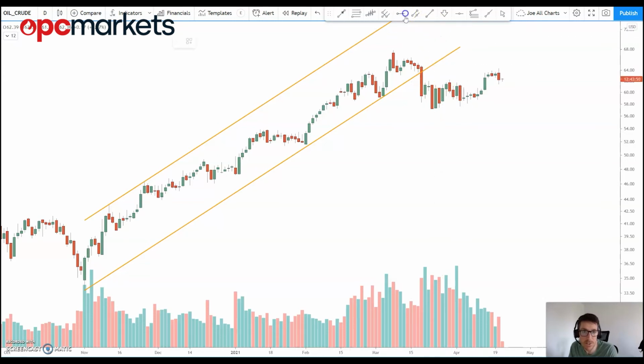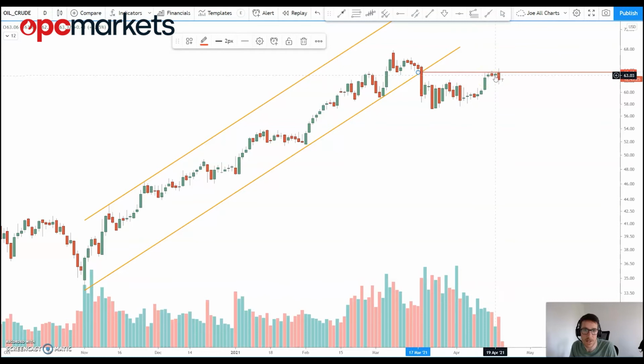Now, in terms of where resistance has formed, I like to use the candles prior to a big impulsive move down as an indication of where resistance and support might form. So the low of this candle here prior to this impulsive move to the downside is an area that I'm looking at to form resistance. And as you can see, it's done a pretty good job. On the 14th of April, we made the first attempt at trying to overcome that.